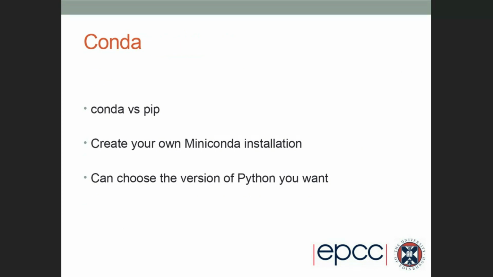One other method you might have used to manage your environment is to use Conda. Oh, sorry, I see there's a question in the chat. I'm going to assume that was about this. Yes, you can use pip to install packages, but some of you may be more used to Conda. Conda and pip are sometimes regarded as two different ways of doing the same thing, but they're not quite the same.